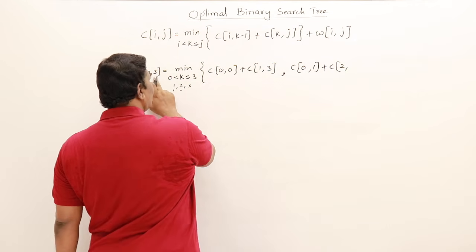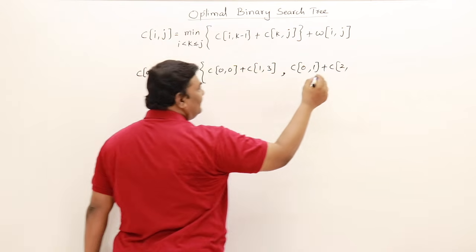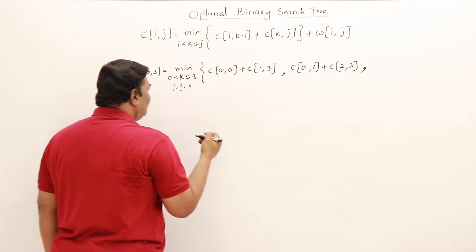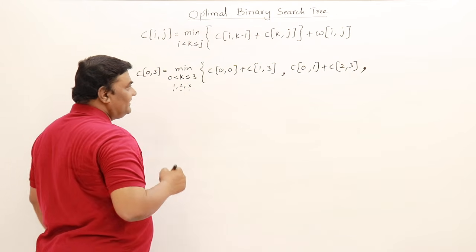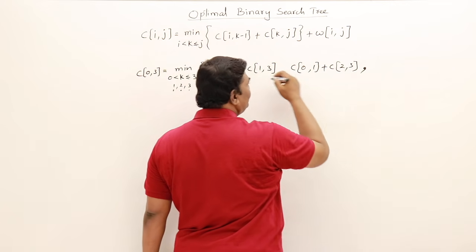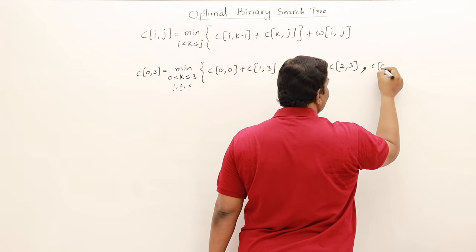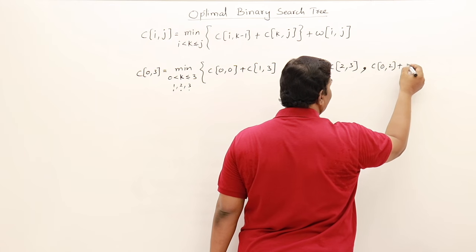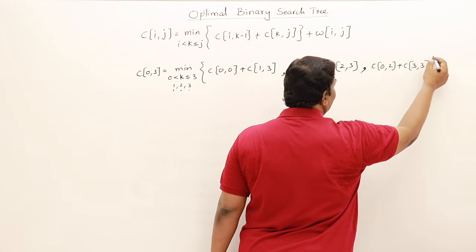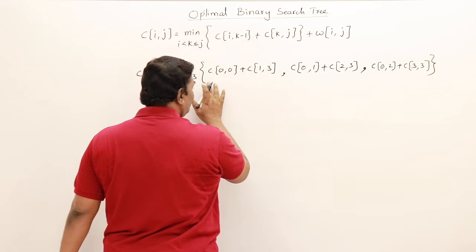J is 3 here, right? This is the second value of k I have taken. Now the third value of k: k should be 3, so k minus 1 will be 2. So this is c of 0 to 2 plus c of 3 to 3. This completes all possible k values.